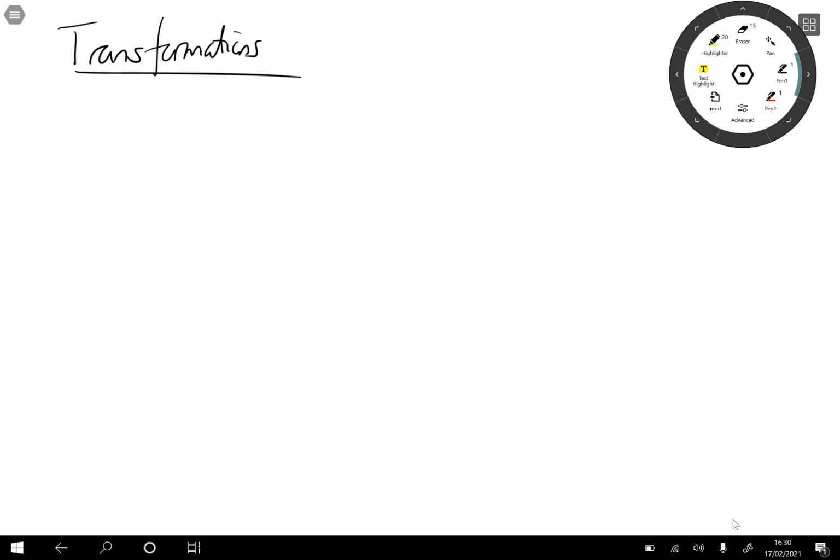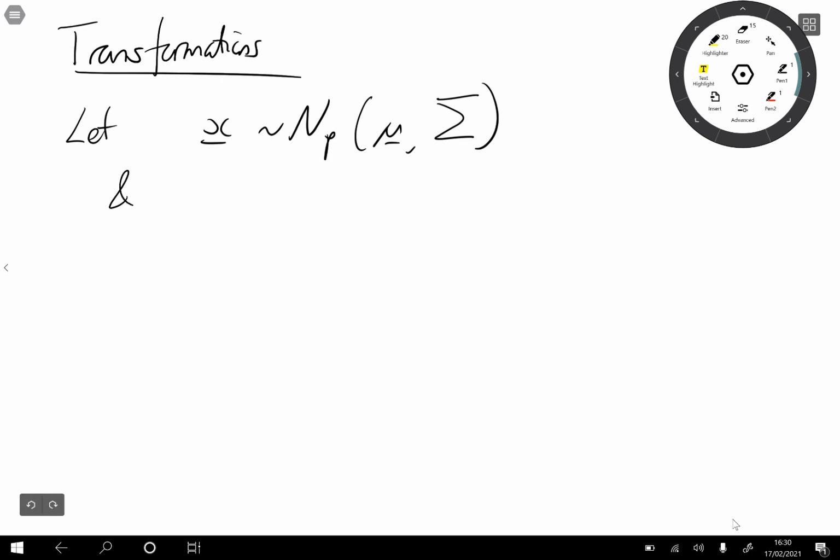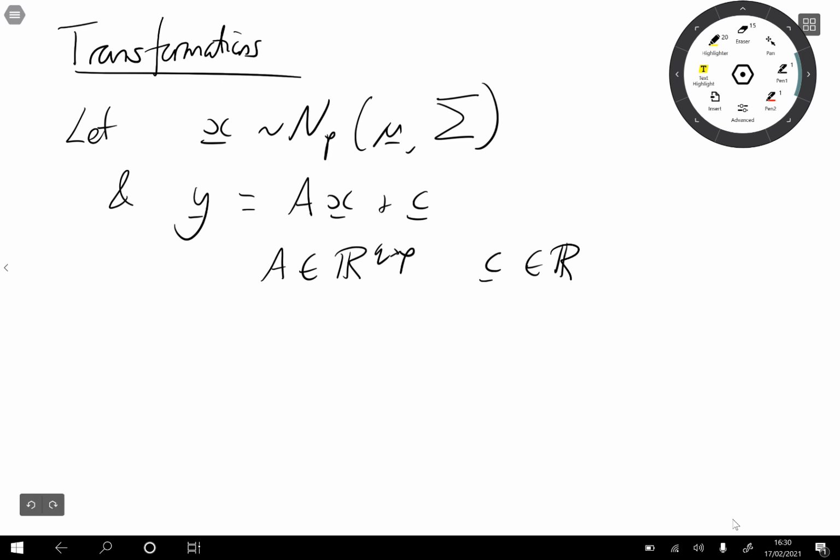Now let's discuss linear transformations of the multivariate normal distribution. Let x be a normal random variable of dimension p with mean vector mu and covariance matrix sigma, and let y be A times x plus c, where A is a q by p matrix and c is a vector of length q.